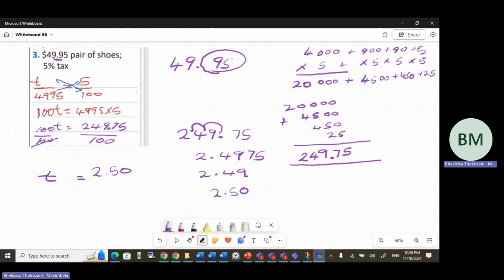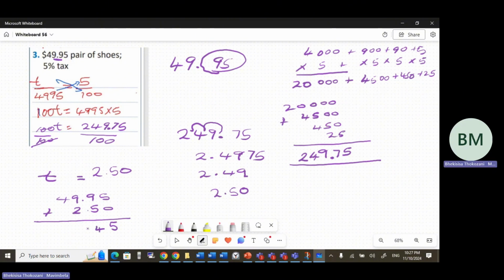And what do you do now? You're going to add. So now you're going to take 49.95 plus 2.50. Then we're going to see how much we're going to get altogether. This is 0. Sorry, this is 5. 0 plus 5. And this is 14.